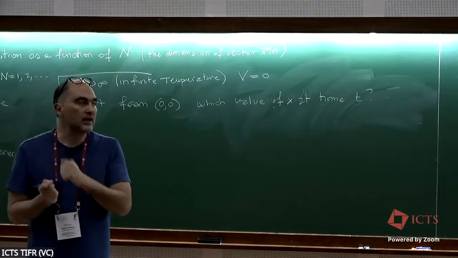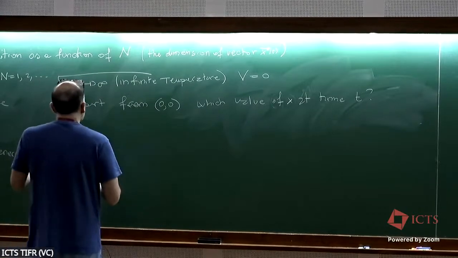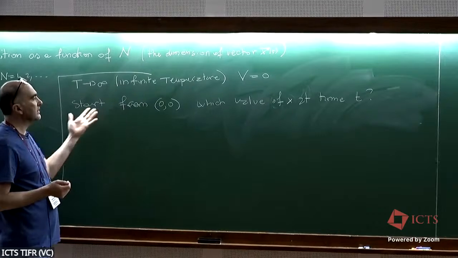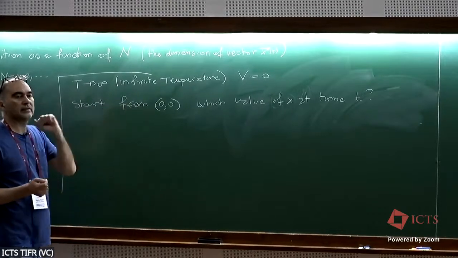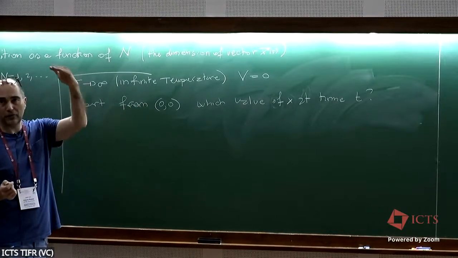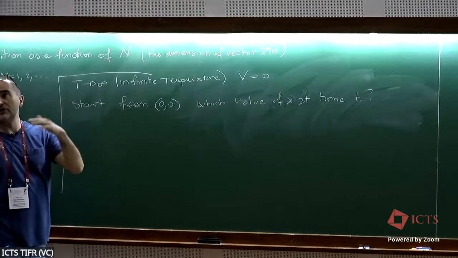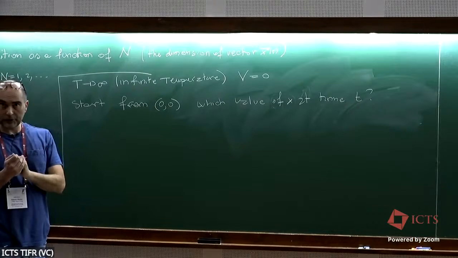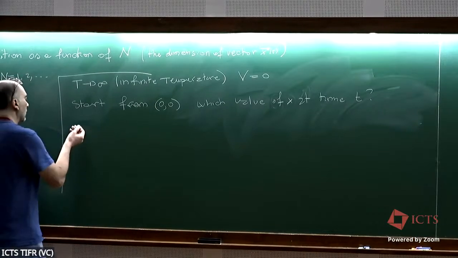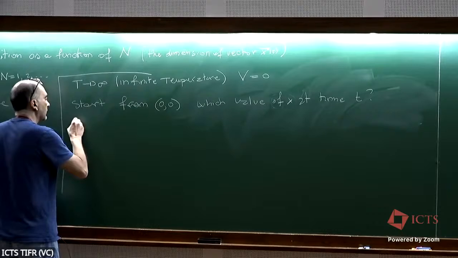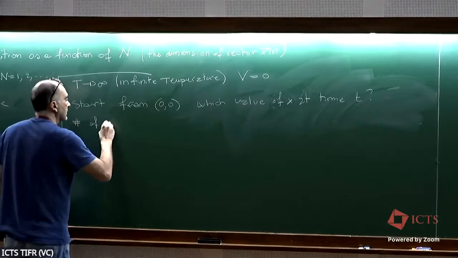So the probability of having a certain value x is the number of paths that end up in x divided by 2 power t, which is the total number of paths.